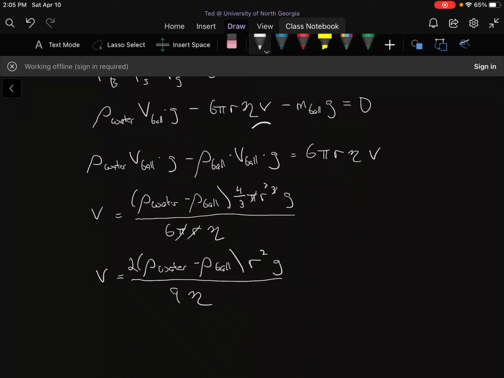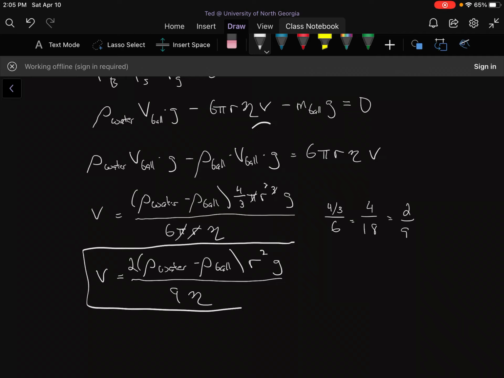And what I did there is I took the 4/3 over 6, and that became 4/18, which became 2/9. So this is 4/3 divided by 6 is equal to 4/18 is equal to 2/9, and so that's where my 2/9 came from.